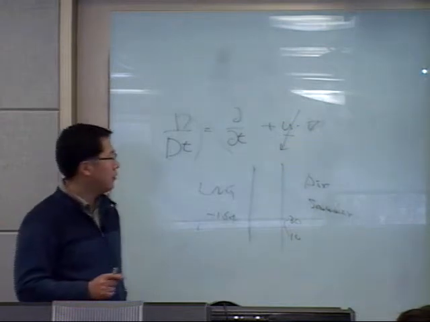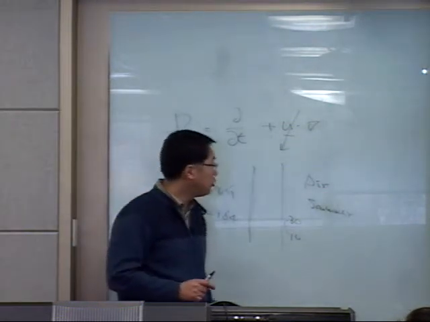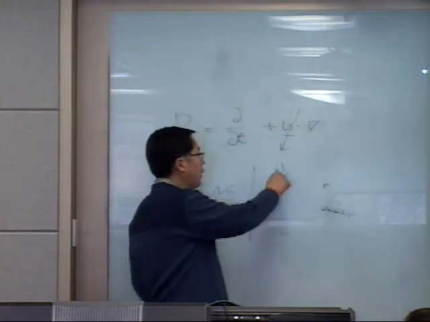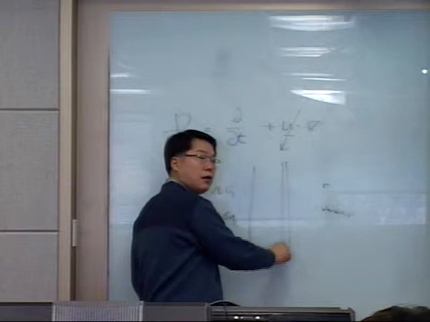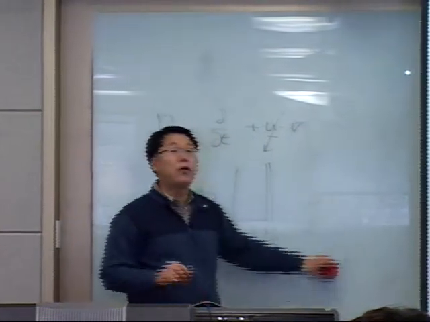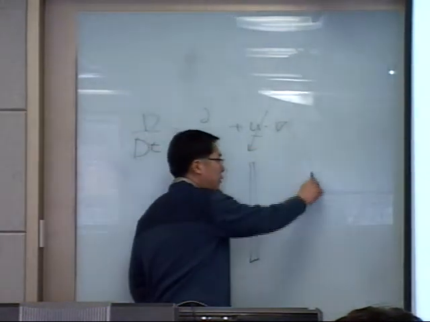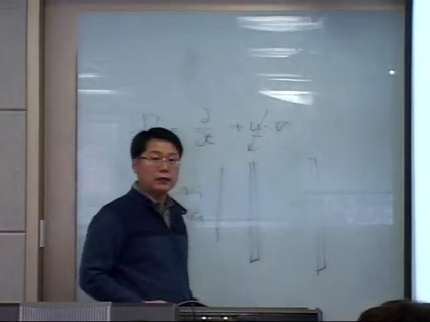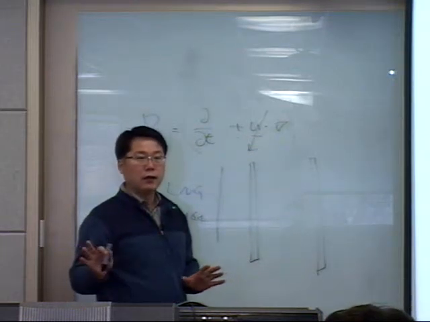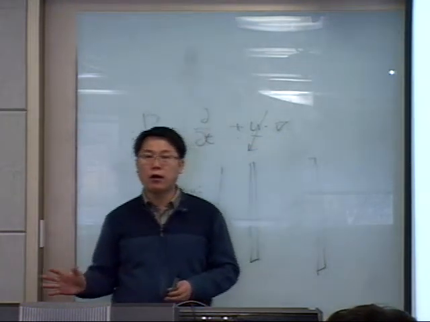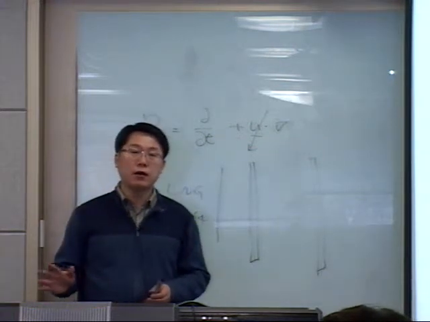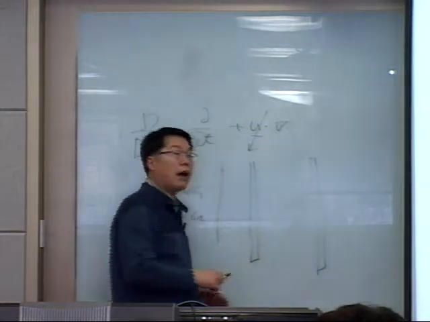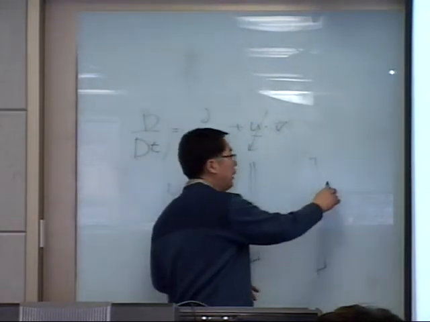Actually, the detailed structure of the ship is like this. We have an insulation layer, and we have the inner hull here with some void space, and this is the outer hull, and the outer hull is in contact with air or seawater. So the temperature on the outer hull should be like 30 or 10.